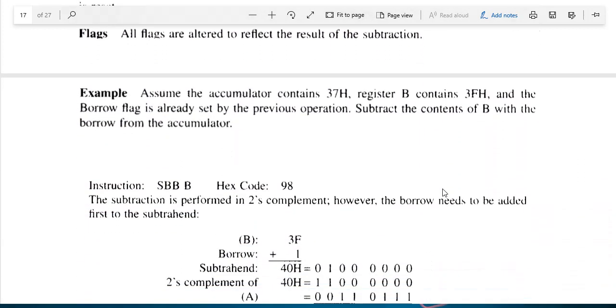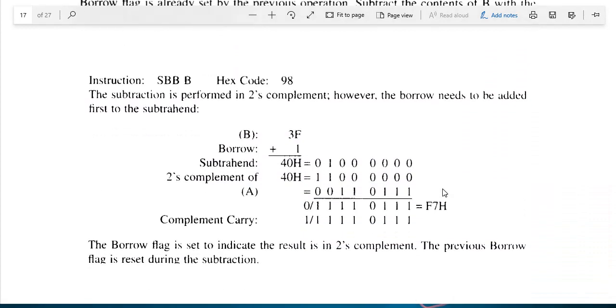We can see here in the example, this is a subtraction with SBB. So subtraction with borrow, for example, if B has a value 3F, and A has a value like this.